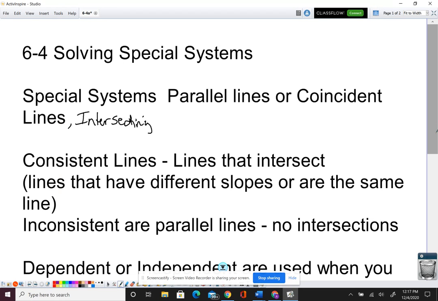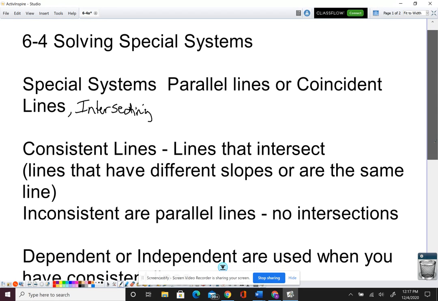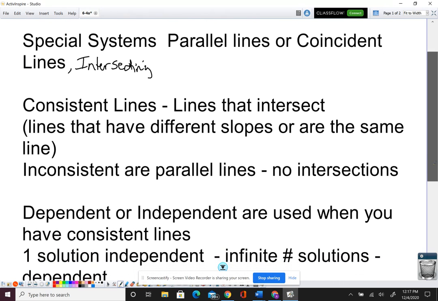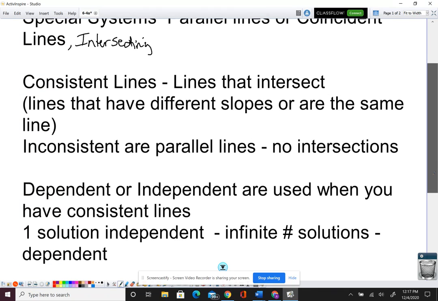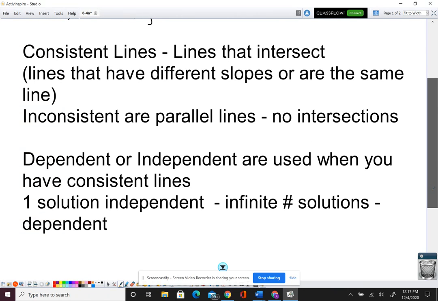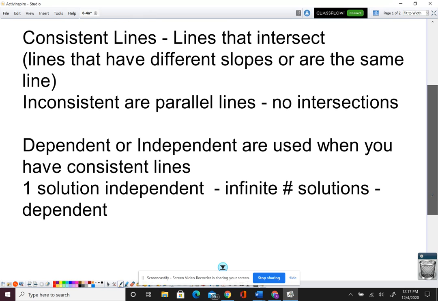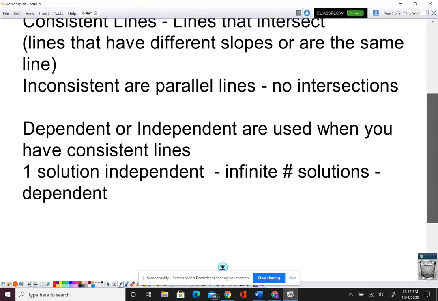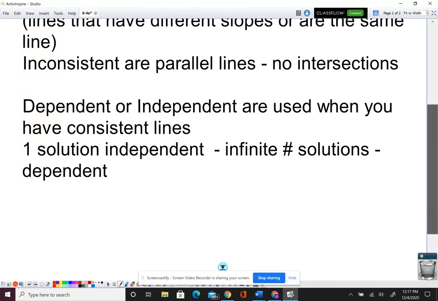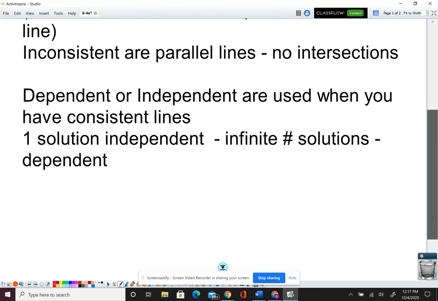So we're first going to make a distinction between consistent and inconsistent. And then once we make that decision, we're going to talk about consistent lines being broken down further as dependent or independent lines. And dependent consistent lines are two lines that lay right on top of each other.